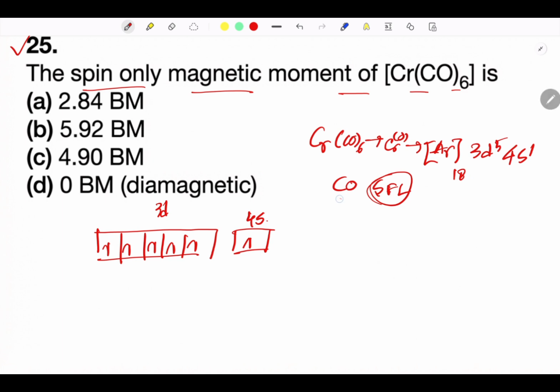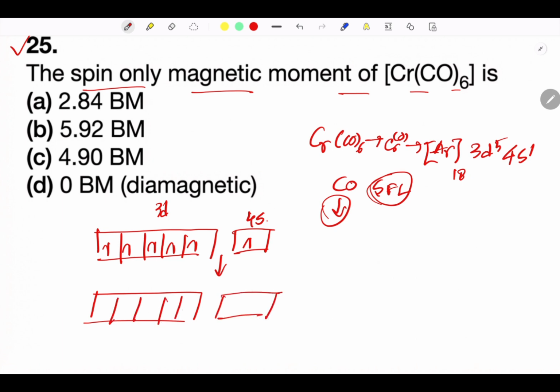In the presence of the strong field ligand, all the electrons are paired up, giving the final configuration 1 2 3 4 5, and this 1 2 3 4 5 6, like this, and the 4p orbitals, and it will form d2sp3 hybridization.